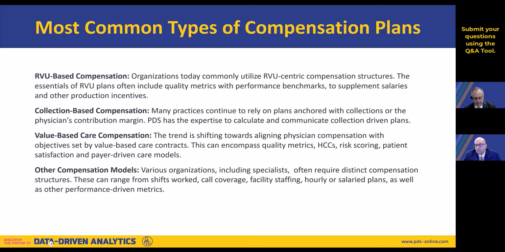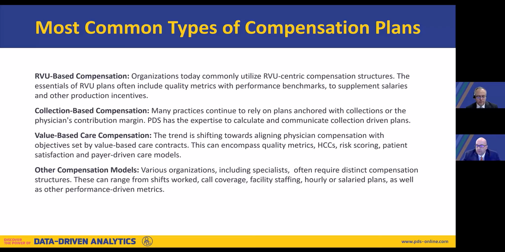Yeah, we talk a lot about those three because those are the most common. But if you work with academic practices, they may have research and academic components that they need to add in, or you may have agreements with the hospital where it's not necessarily an integrated health system, but they provide stipends for call coverage or for medical directors or things like that.